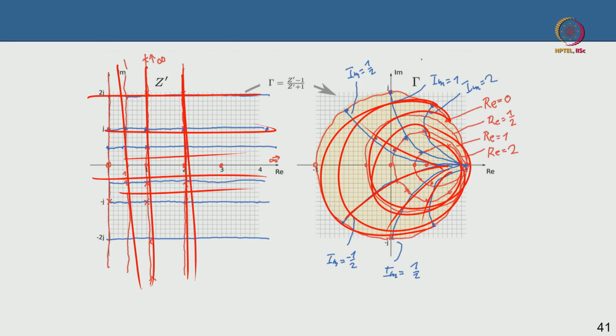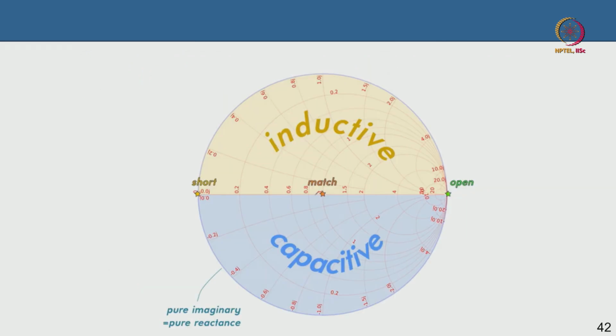So, this is what we had ended the last lecture with, that each and every impedance can be mapped to a certain point on the Smith chart or the polar form. This is the open, this is the short, and everything else is in between. Now, a few things that we need to be aware of.